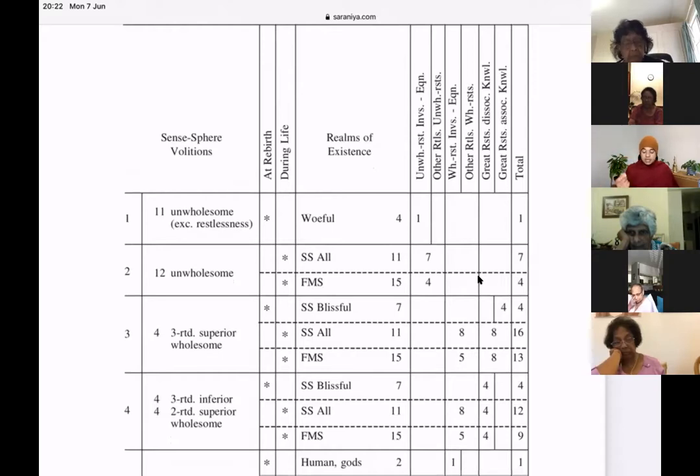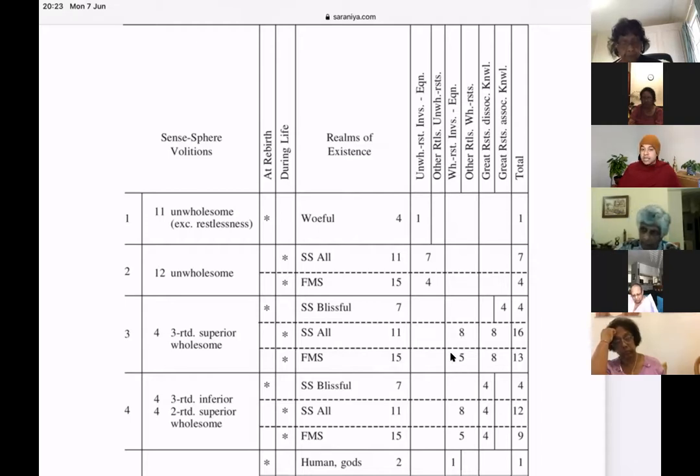Fine material sphere 5, which is from the rootless resultants: Chakku, Sota, receiving, investigating consciousnesses, add up to 5.